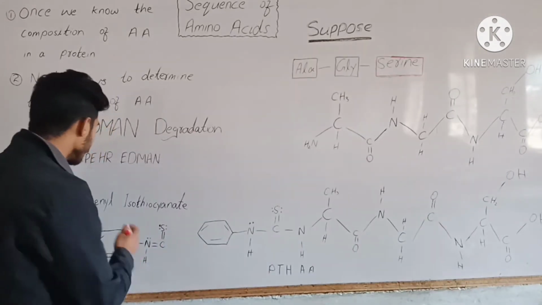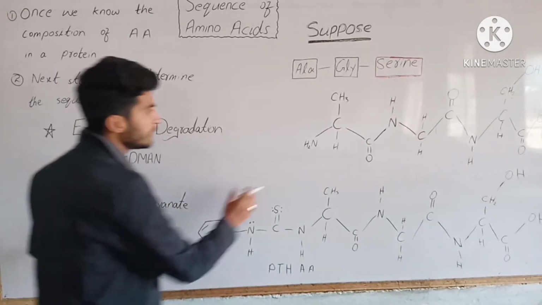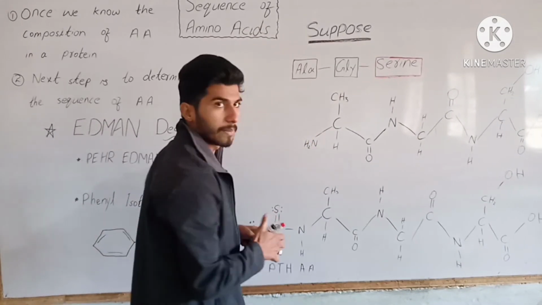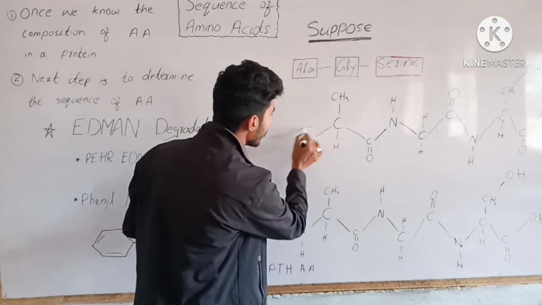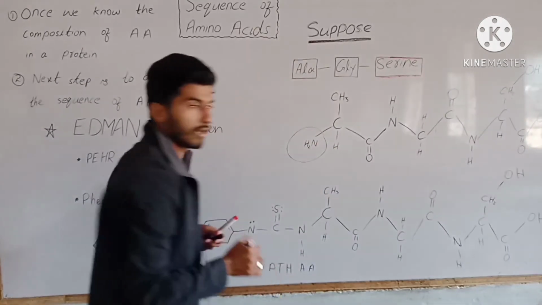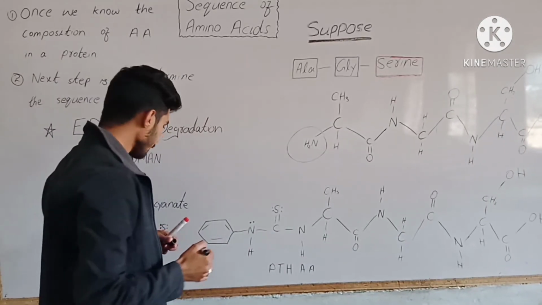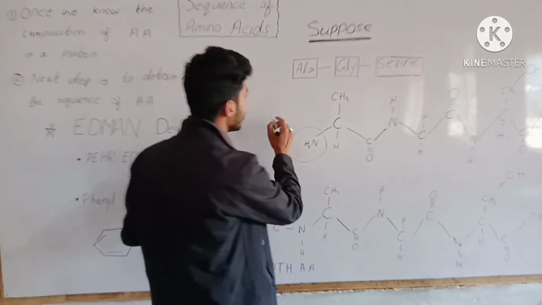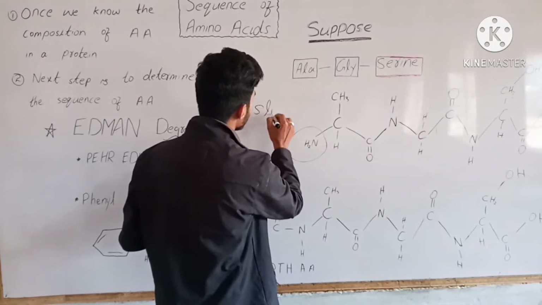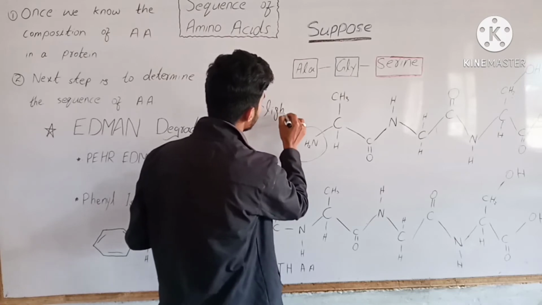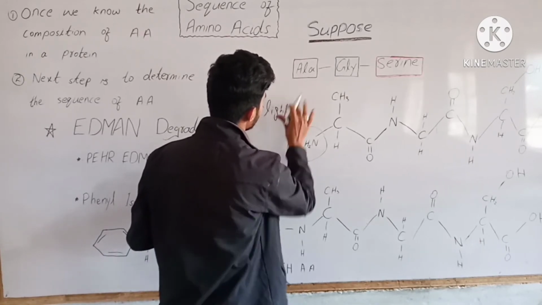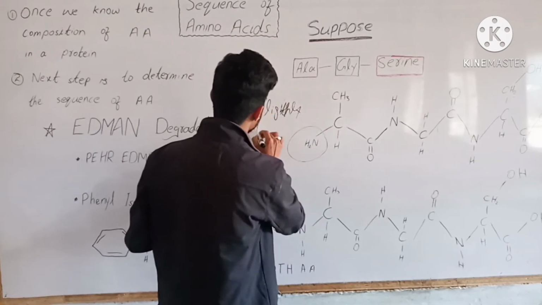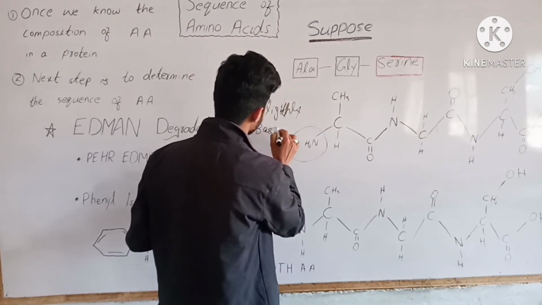This reagent will interact with the N terminal of the polypeptide chain. This is done in slightly basic solution. The reagent phenyl isothiocyanate will interact with the N terminal of the polypeptide chain in slightly basic solution.